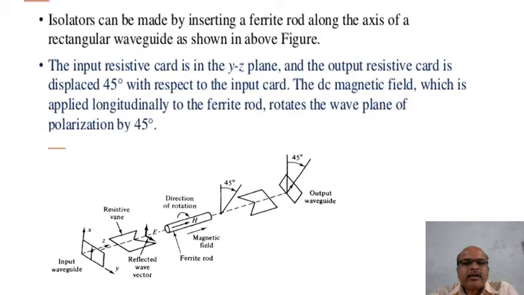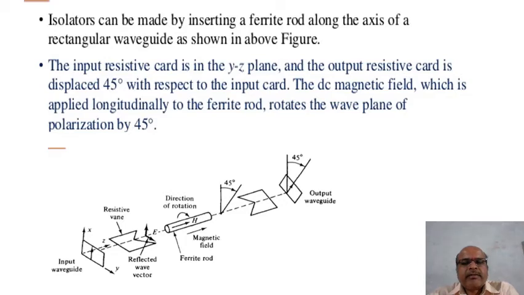An isolator can be made by inserting a ferrite rod along the axis of a rectangular waveguide, as shown in this diagram. The input resistive card is in the YZ plane, and the output resistive card is displaced 45 degrees with respect to the input card.